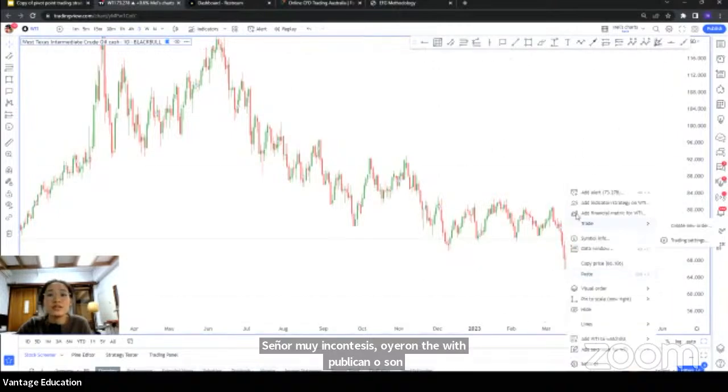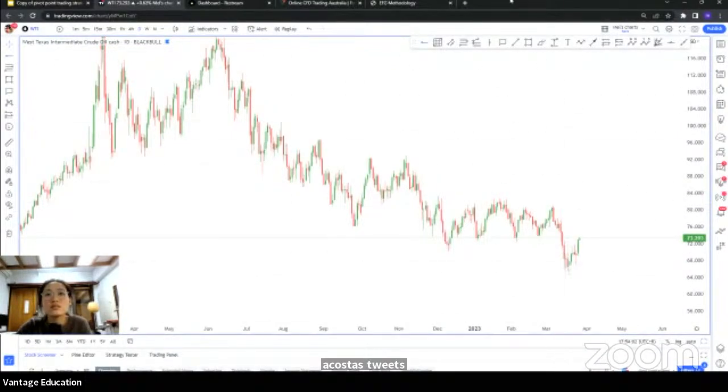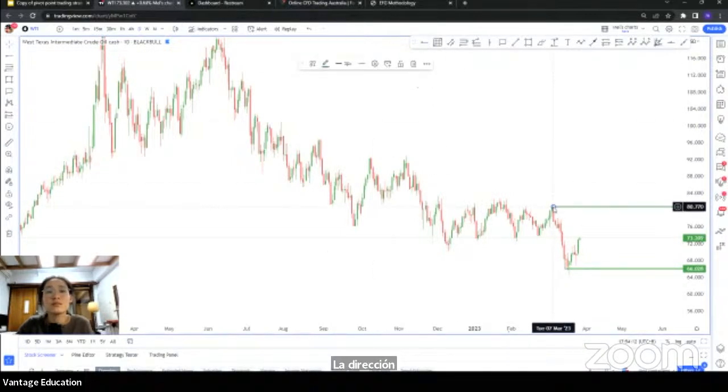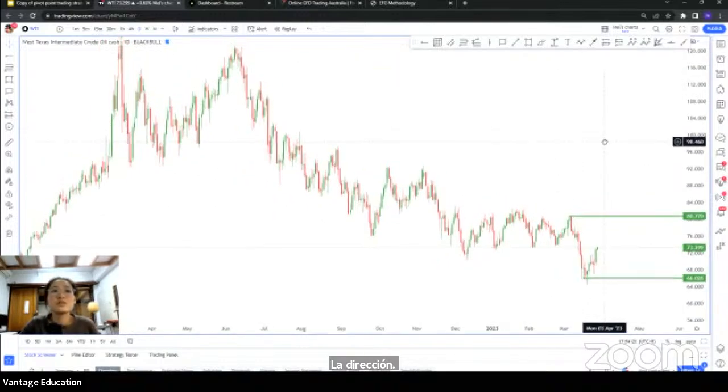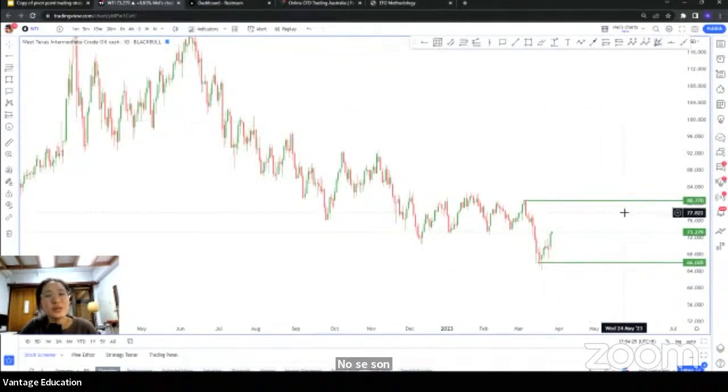So here we have the closest swing low to where price currently is. Here we have the support and resistance levels closest to where price is.